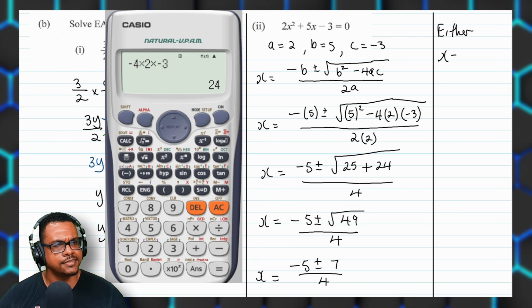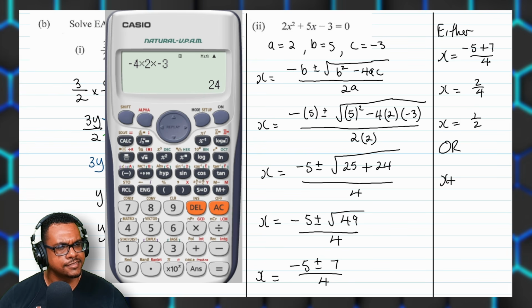All right, x is equal to negative 5 plus 7 over 4. And negative 5 plus 7 is positive 2. So that's positive 2 over 4, which is a half. Or we're going to have x is equal to negative 5 take away 7 over 4. All right, that's why I use the plus or minus, right?